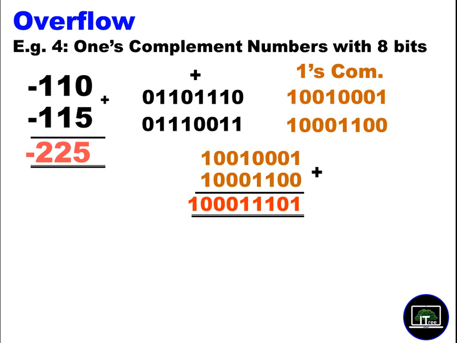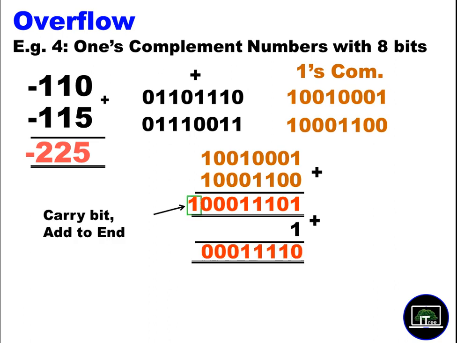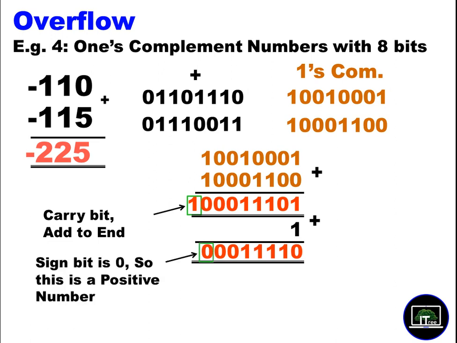In 1's complement, we add the carry bit to the end of the number. We add to the end, you get this. Now the sign bit is 0, this is a positive number. What is the positive number of this? When you convert it to decimal, this is the answer. Is the answer right? It's wrong. You get a wrong answer. It is not correct. So now you can see that overflow has occurred.